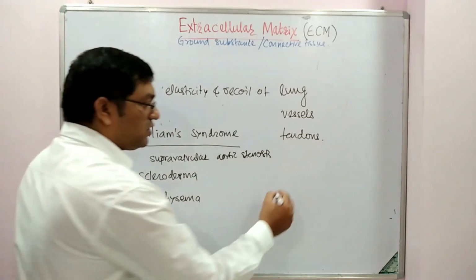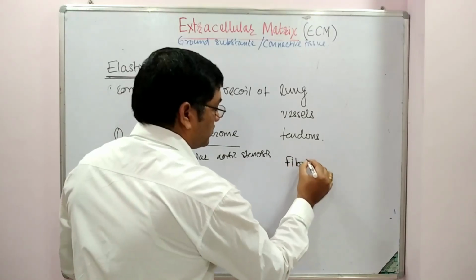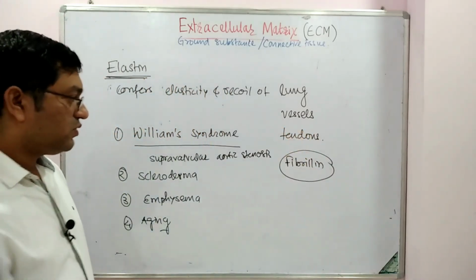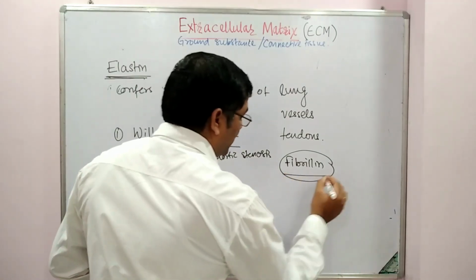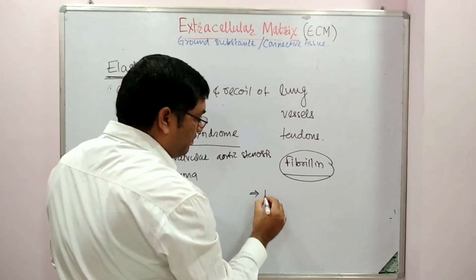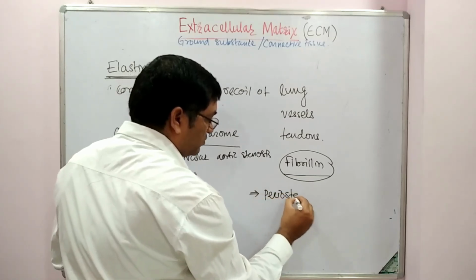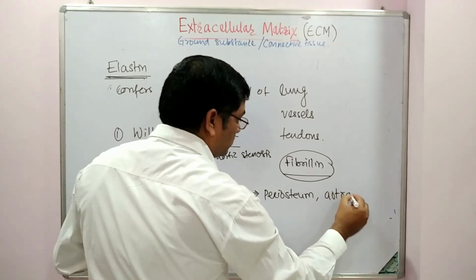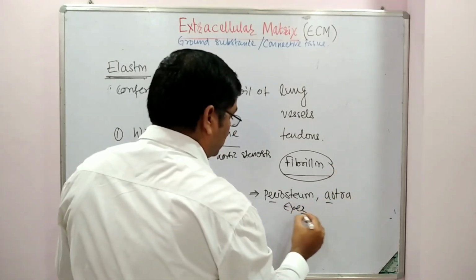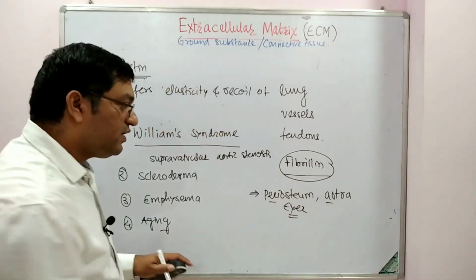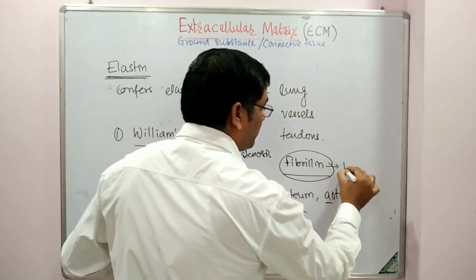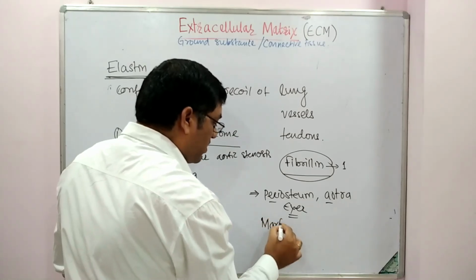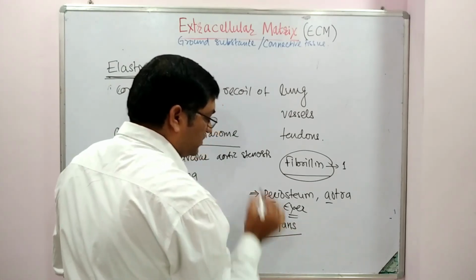Now next one is fibrillin. It is important. It is present in periosteum and aorta. A defective gene for fibrillin 1 leads to Marfan's syndrome.